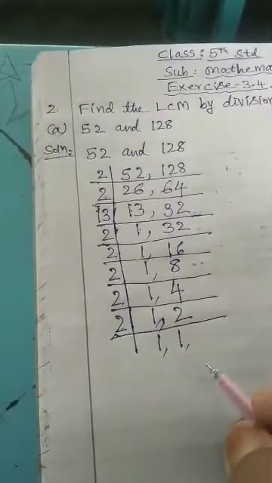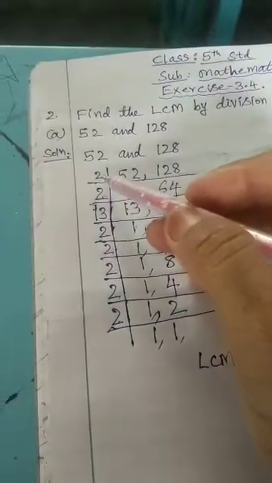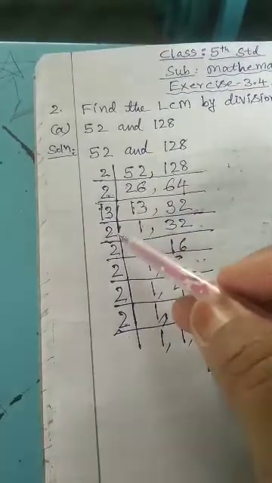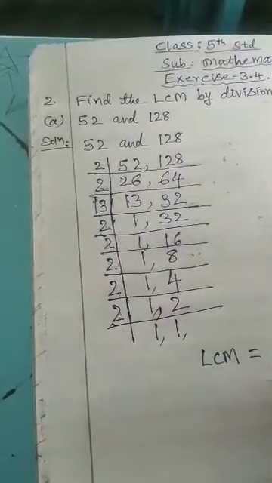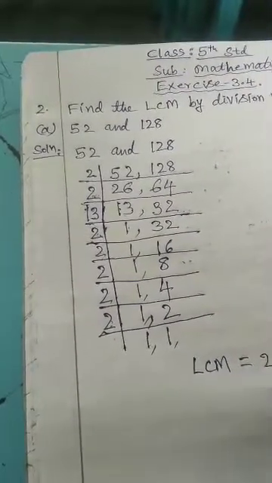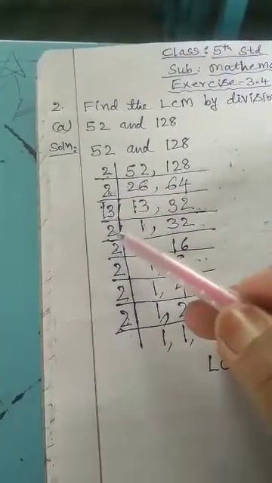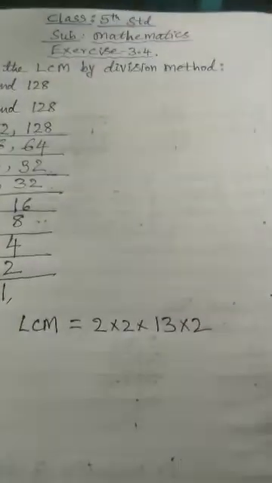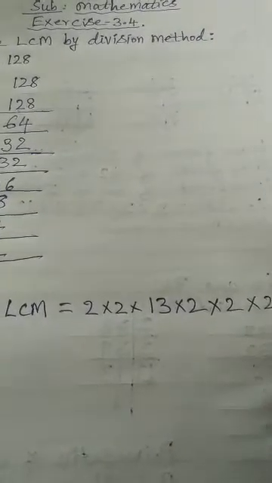And now you can write the LCM. LCM is equal to, you should multiply all these digits: 2 into 2 into 13 into 2 into 2 into 2 into 2 into 2. You should write all these digits. 2 into 2 into 13, and how many 2s are there next? 1, 2, 3, 4, 5.